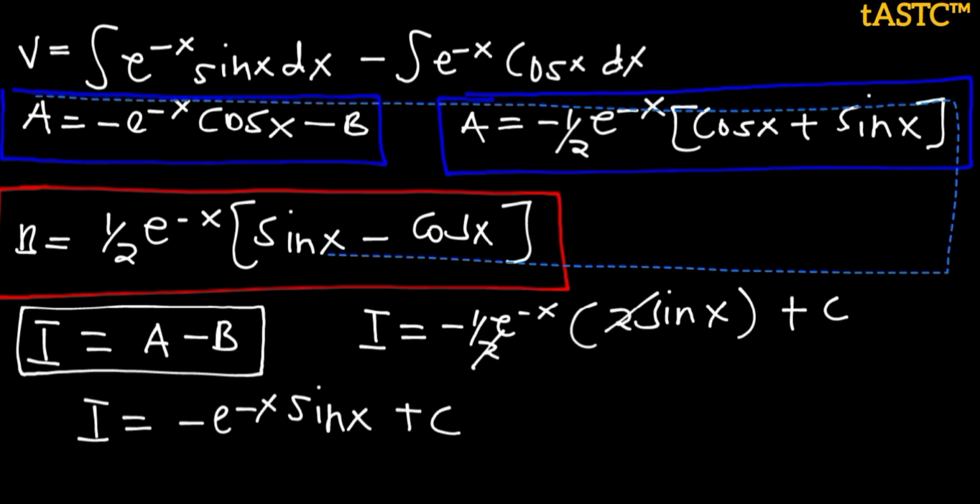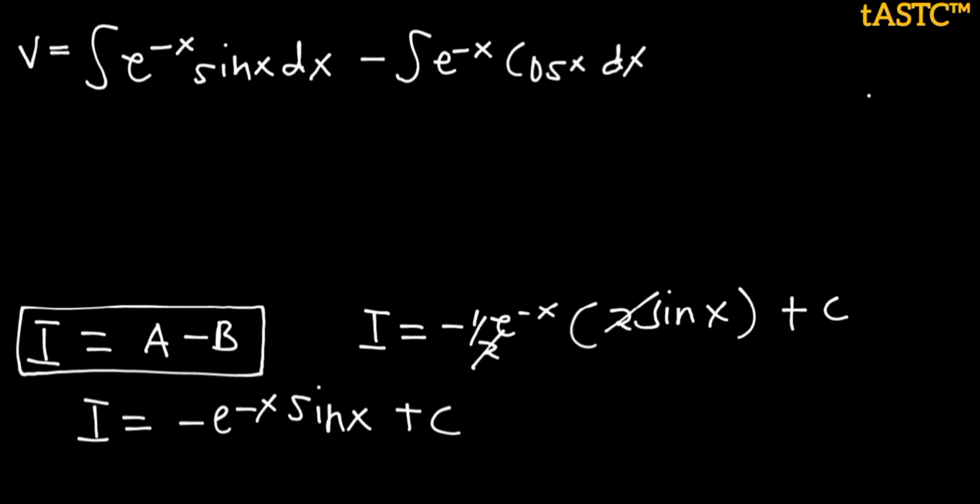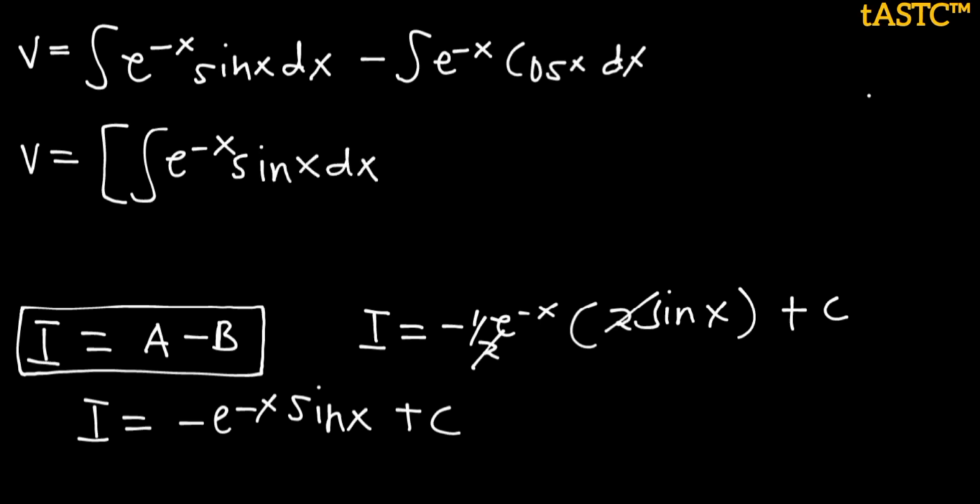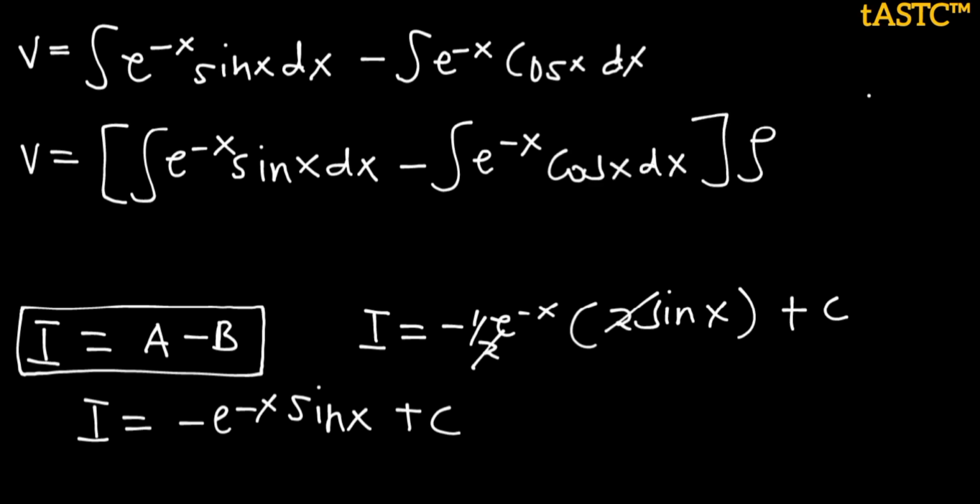Now remember, originally we had v was equal to the integral of e to the negative x sine x dx minus the integral of e to the negative x cos x dx multiplied by rho, right? And initially we said, as usual, rho is equal to e to the negative x, right?